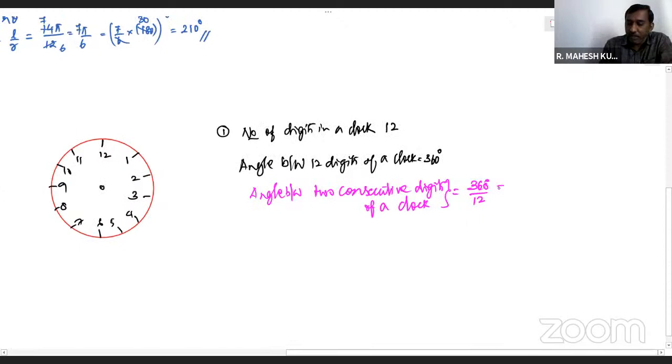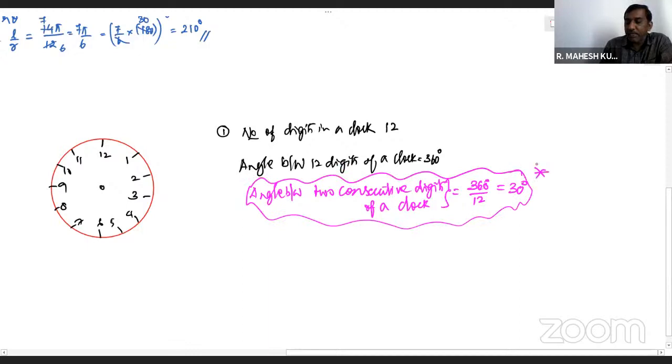So it is going to be 30 degrees. The angle between any two digits of a clock is always equal to 30 degrees. This you need to remember. That is a very important result. So the angle between any two consecutive digits, 12 and 1, 1 and 2, 2 and 3, 3 and 4, is always 30 degrees in a clock. You need to note that. Understood?